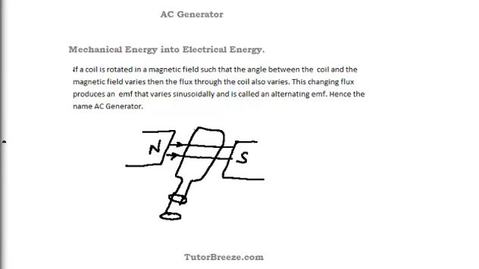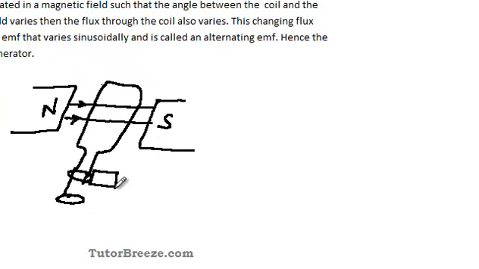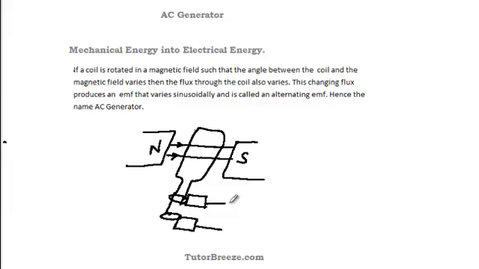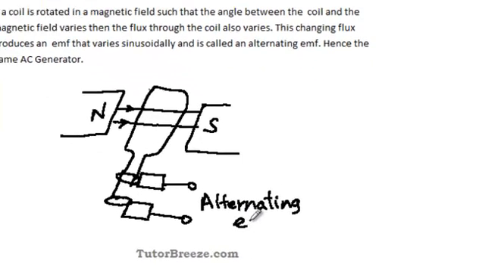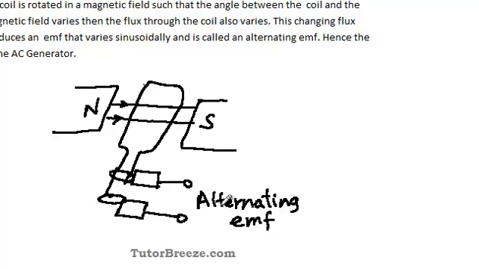At this end over here you have a carbon brush and you have another carbon brush over here. This is where we get an alternating EMF at these ends.